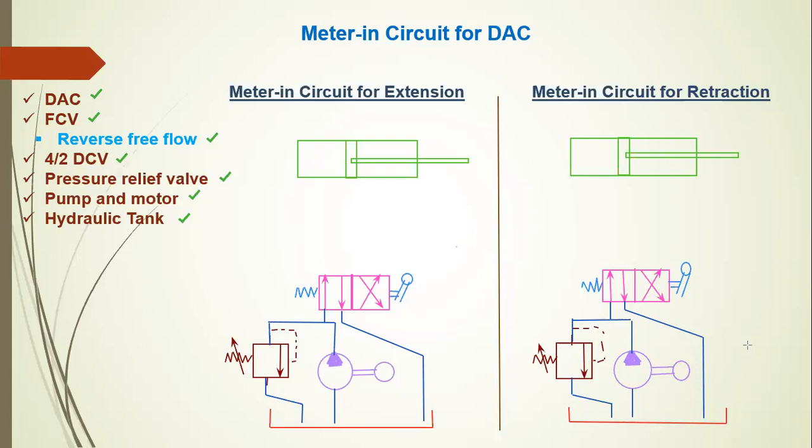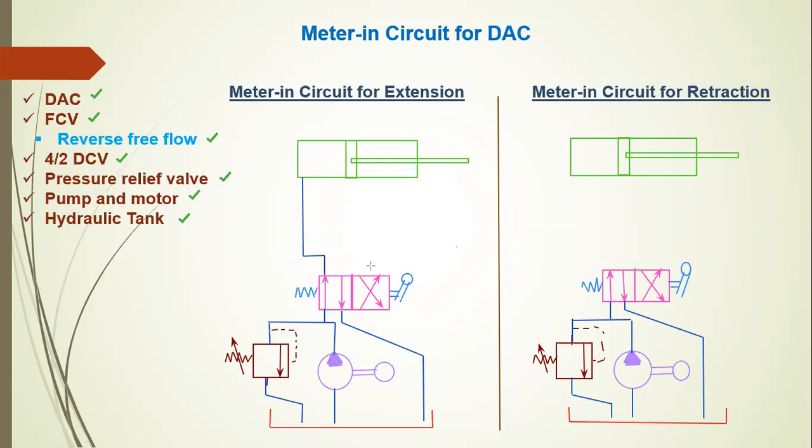Then we connect the double acting cylinder to the 4x2 DCV. We connect the first position of the DCV to the DAC. Here the first point, the inlet of the actuator double acting cylinder, is connected to the 4x2 DCV in the first position.